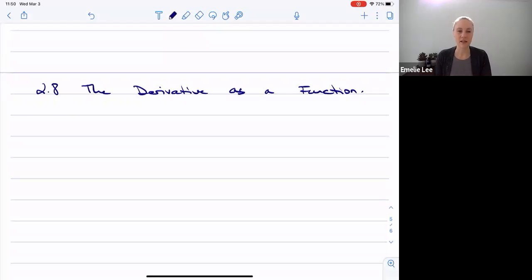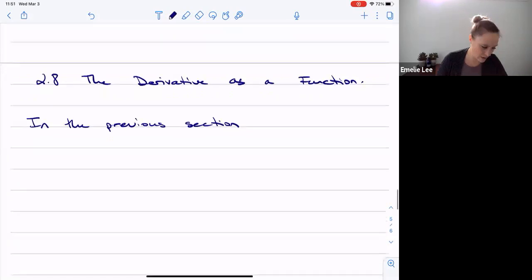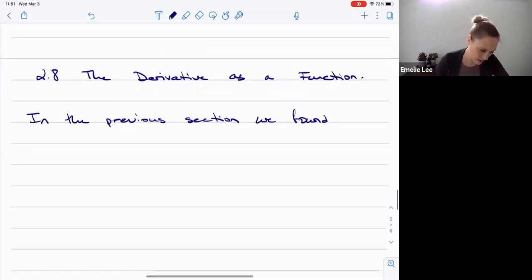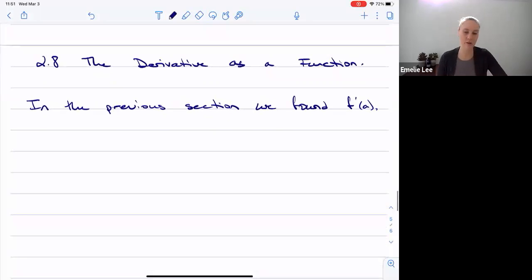So here, what I just want to clarify is that if it feels like we're doing the same thing, it's because we are. In the previous section, we found f prime of a, which is the derivative at a point x equals a.